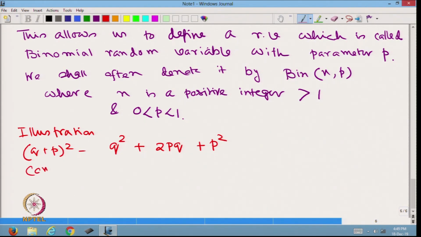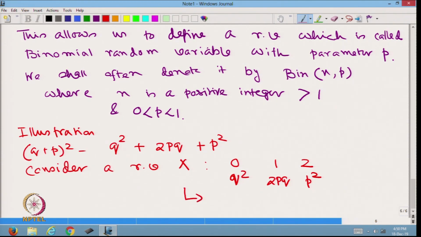Consider a random variable x such that it takes values 0, 1 and 2, 0 with probability q square, 1 with probability 2pq and 2 with probability p square. Then this x is a binomial random variable with 2 comma p.